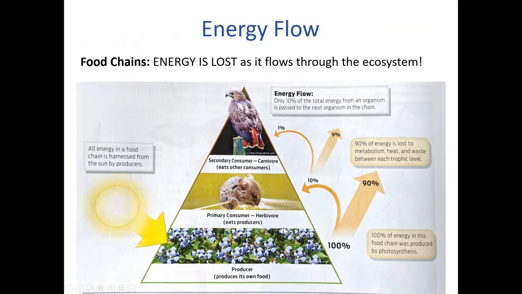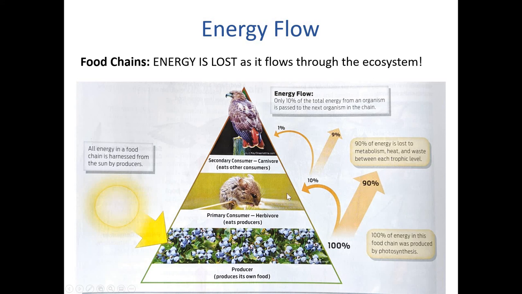And so as energy flows through these food chains, energy is actually lost at each step, basically, as it flows through this ecosystem. So we have all energy within an ecosystem initially coming from the sun, which is basically synthesized by photosynthesis. And at each step of consumption, so at the primary consumer level and the secondary consumer level, we're going to have a lot of energy that's actually lost.